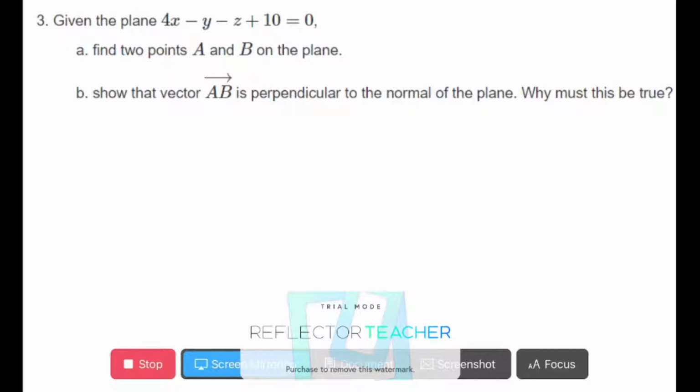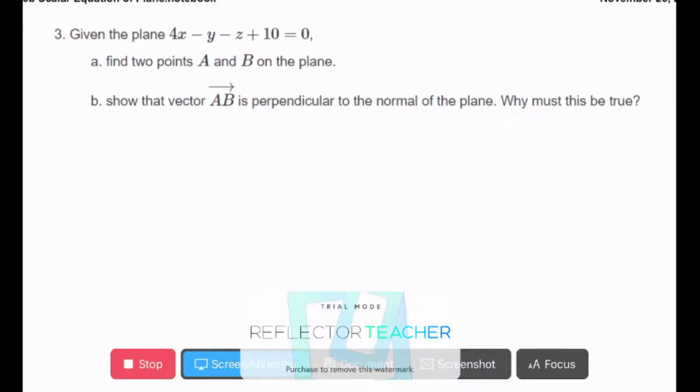So we need 2 points on the plane. Let's sketch our situation here for a moment. So I have my plane, pi, and I'm going to have 2 points on my plane, A and B. So a point must satisfy this equation.